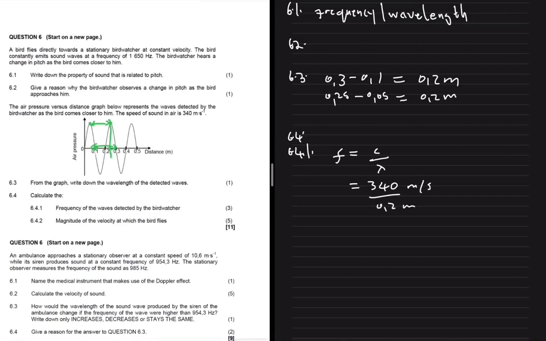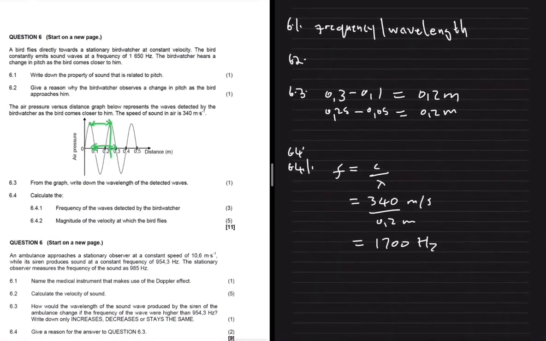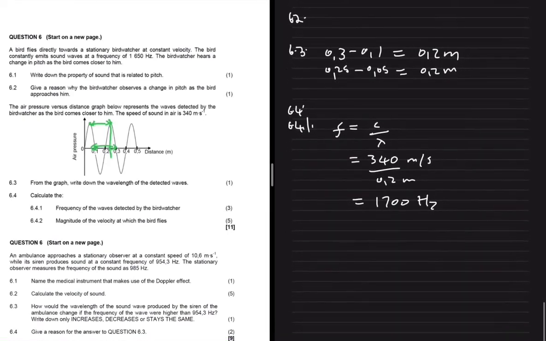So let me go ahead and put that in the calculator. We're going to have 340 divided by 0.2, which is going to give us 1700. The SI unit of frequency is hertz, which makes sense.